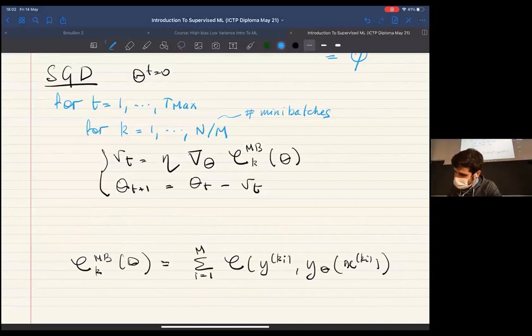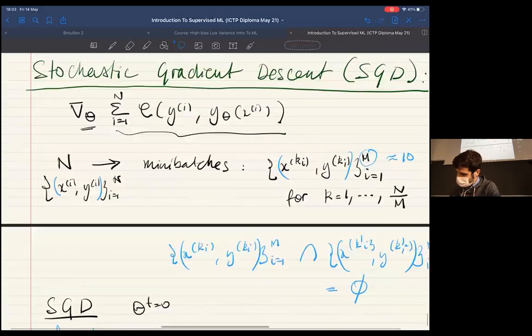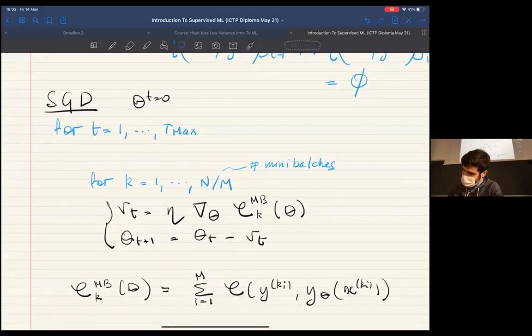And here, sorry, here I should have a subroutine. Okay, here there is a subroutine. I just write in words: create a random set or create random mini batches.